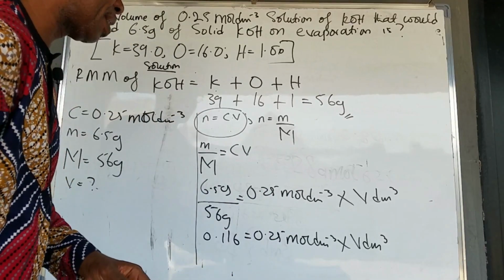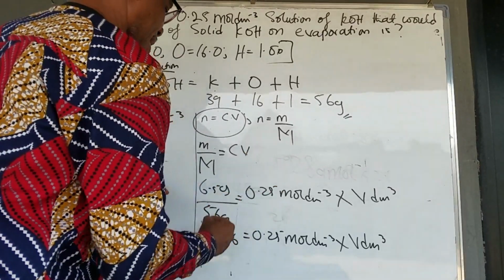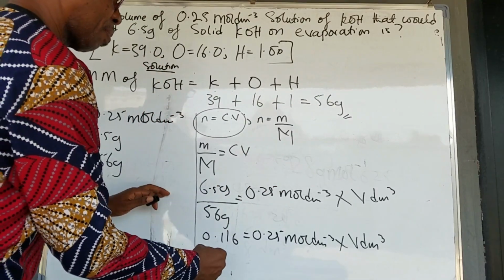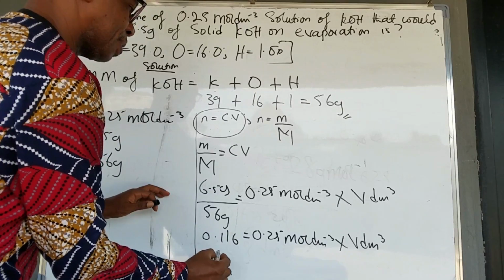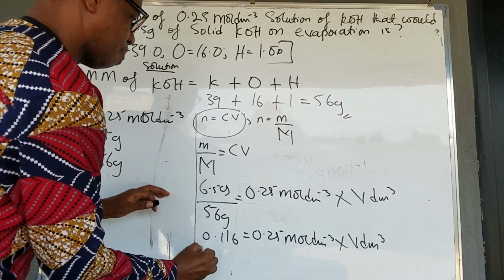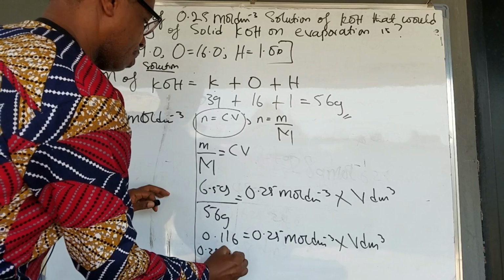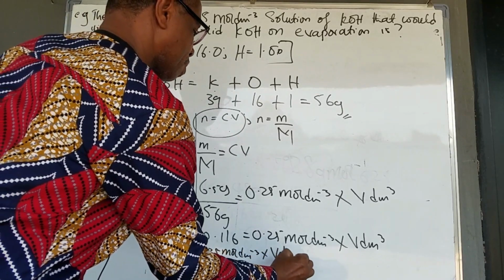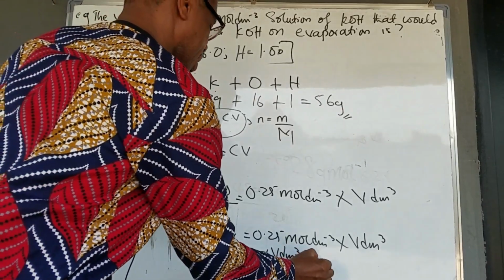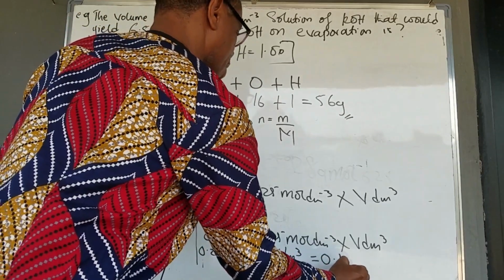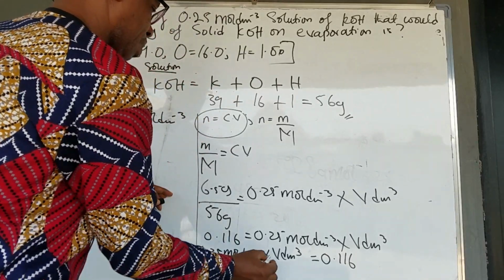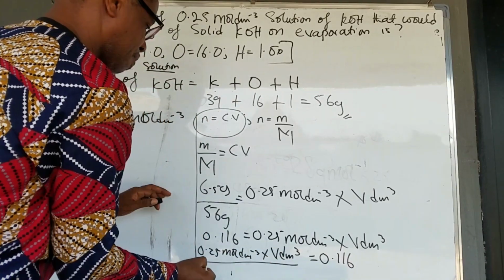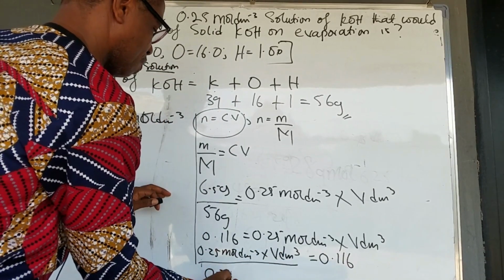So with what I have here now, I can rearrange it and put it this way so that what I will now have is 0.25 mole per dm³ times volume in dm³ is equal to 0.116. So to bring out the volume in dm³, I'll divide everything by 0.25.